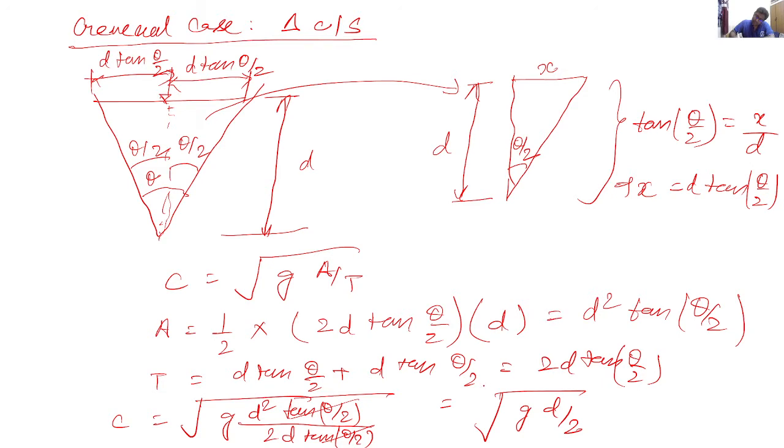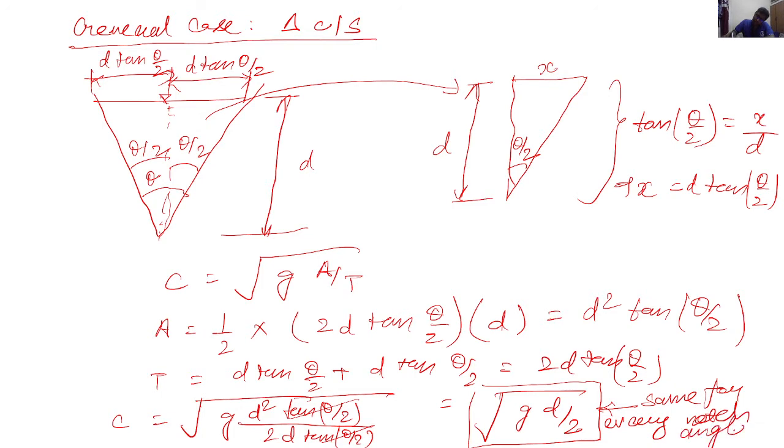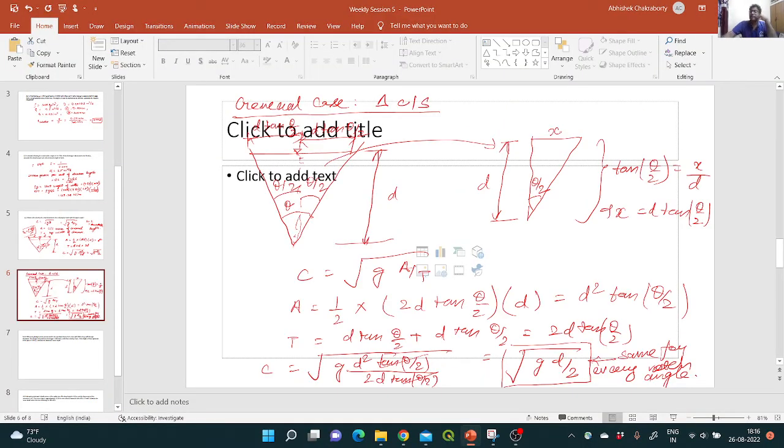So we learn from this that for a triangular cross section, the celerity is the same for every notch angle. So this was the case for a triangular cross section.